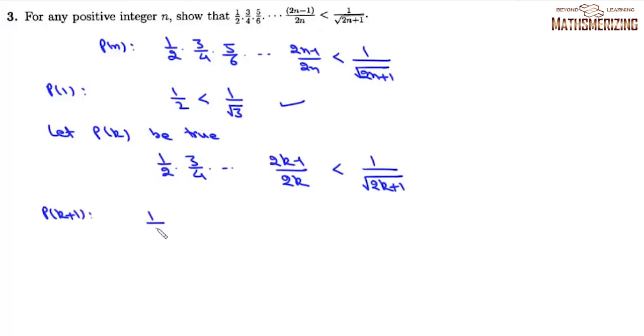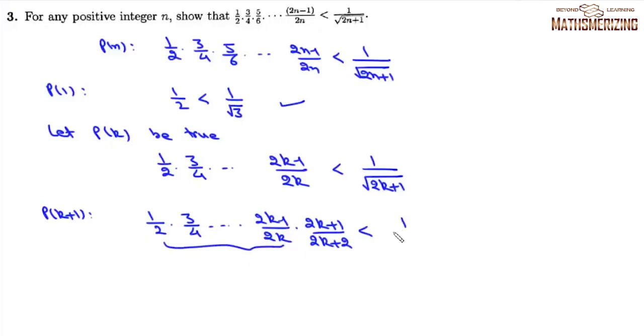Now for Pk+1, we can write this as 1/2 × 3/4 × ... × (2k−1)/(2k) × (2k+1)/(2k+2), and we know that this result is less than 1/√(2k+1).